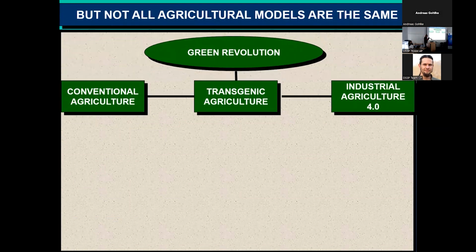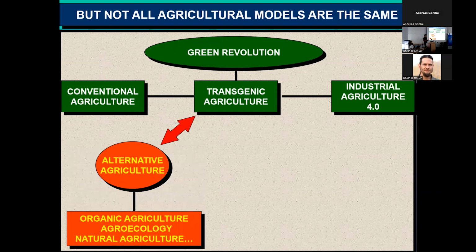On one side, we have the green revolution model, which today we denominate industrial agriculture 4.0. But on the other side, we have the alternative agricultures, alternative to this green revolution model.